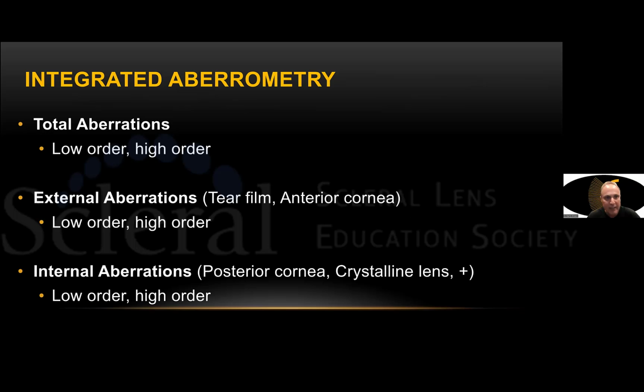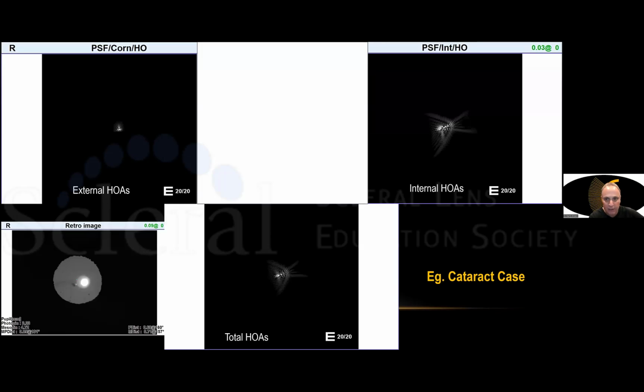So in integrated aberrometry, of course, we can break it down into low and high order aberrations, but we could further break it down to external aberrations, the tear film and anterior cornea, as well as internal aberrations. Posterior cornea influences that, crystalline lens, and such. Again, we could break it down to low order and high order, but typically we're most concerned in aberrometry of high order.